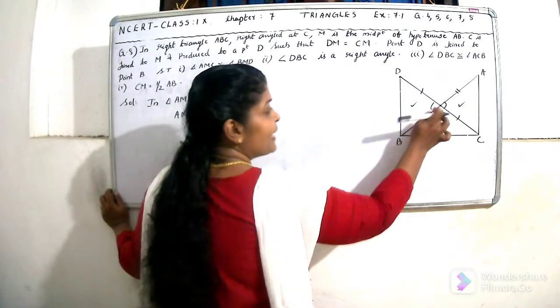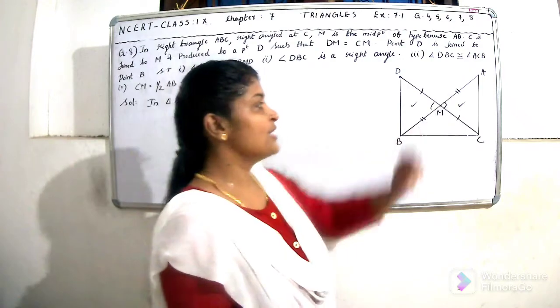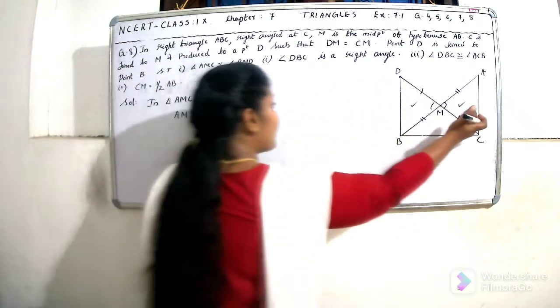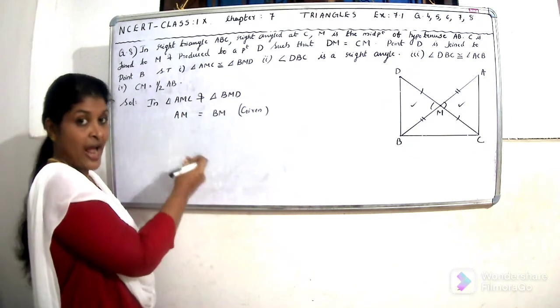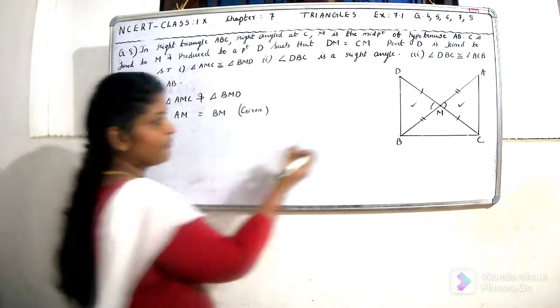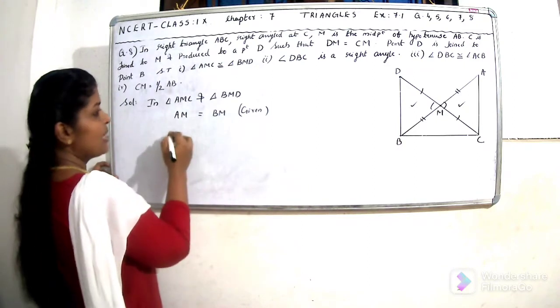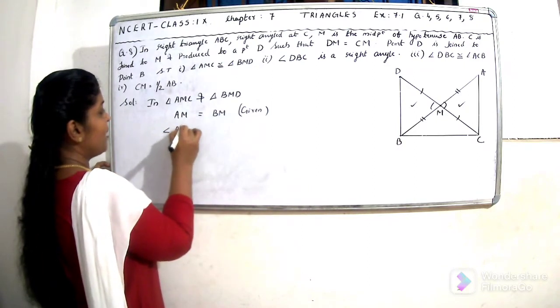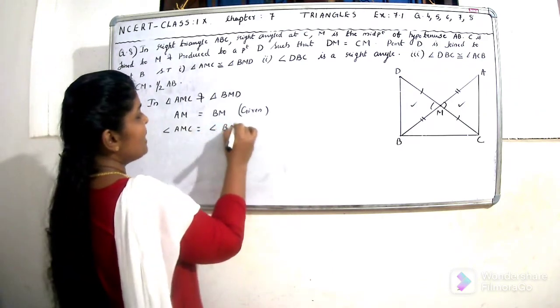Now next, side angle side. Now the angle we have to take. These two angles are equal. So first this triangle we have to take. We have to maintain the order of the angle or triangle every time. So this triangle's angle we have to take. That is angle AMC is equal to angle BMD.